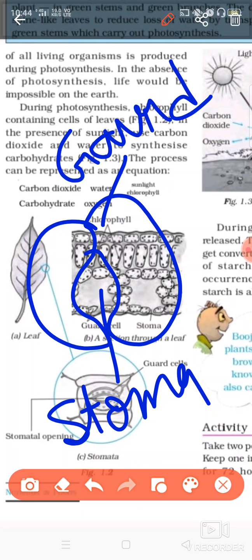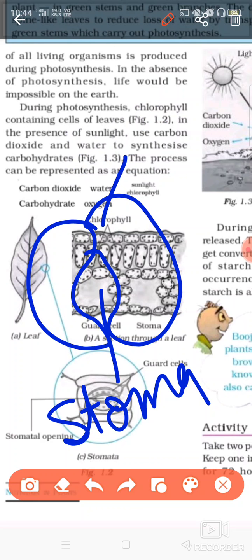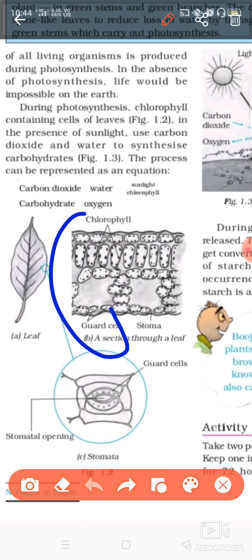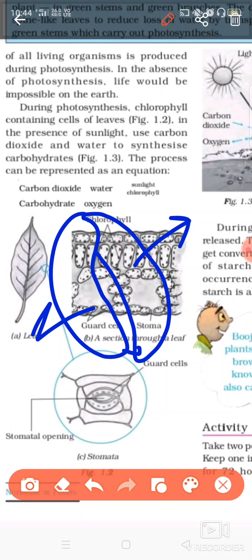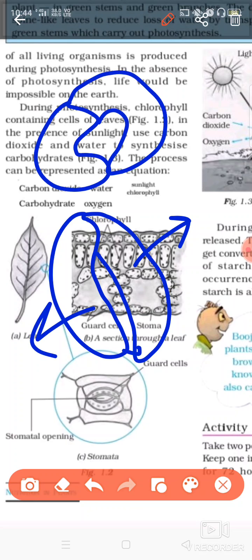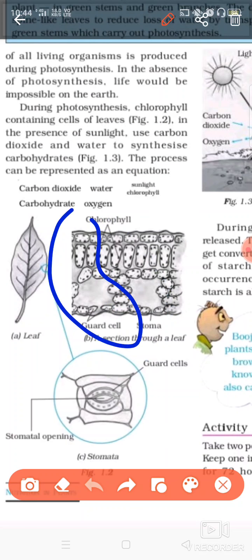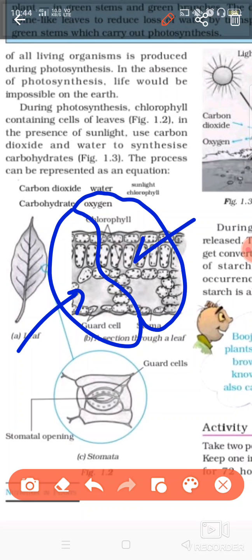By the movement of these guard cells, stomata open or close. When the guard cells are moving outside, then the stomata pore is opened like this, and when the guard cells move towards the center, the stomata closes.